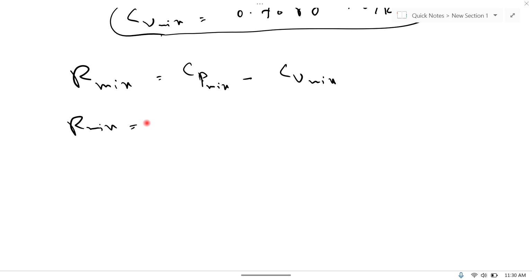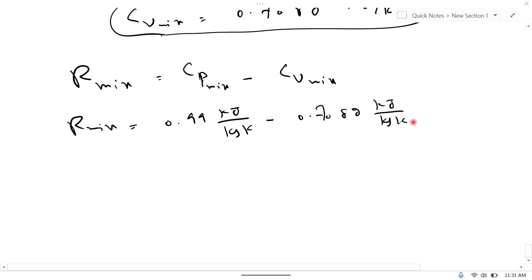So the Cp of the mixture value is 0.99 kilojoule per kilogram per Kelvin, and Cv of the mixture is 0.7082 kilojoule per kilogram per Kelvin. So R of the mixture is equal to, simplify this, 0.2818 kilojoule per kilogram per Kelvin.